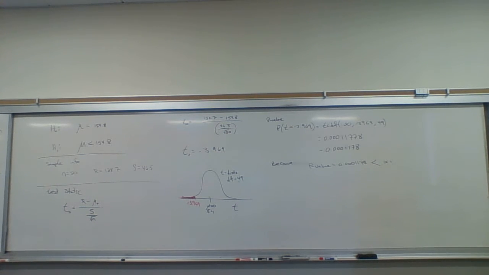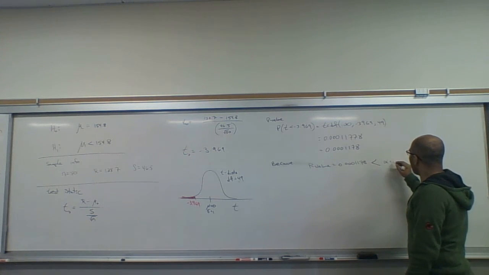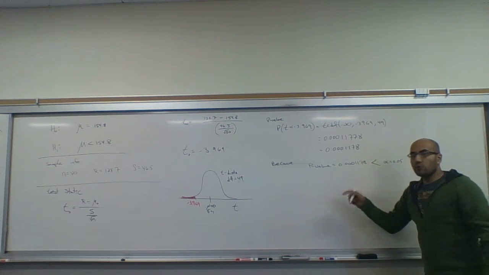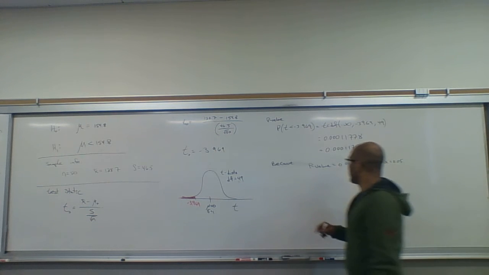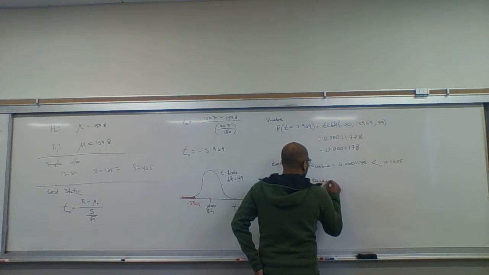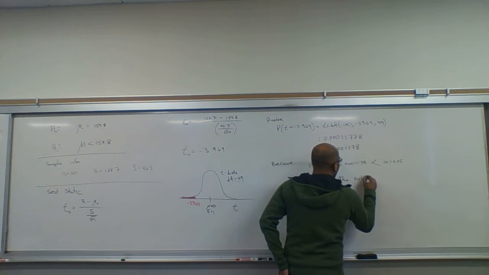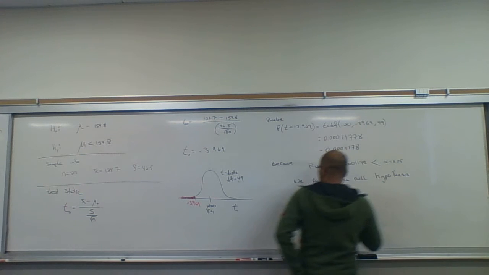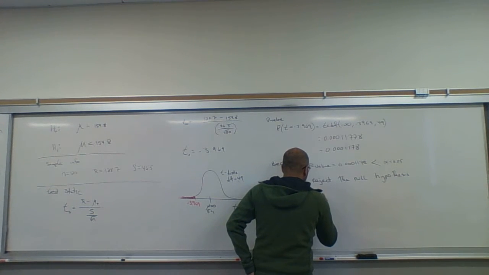Does anybody remember what it was in this case? 0.05. It was 0.05 in this case as well? Yeah. Okay. So it's less than the given alpha value of 0.05. Because this is true, we do have enough evidence to reject it. Okay? We reject the null hypothesis in favor of the alternative.